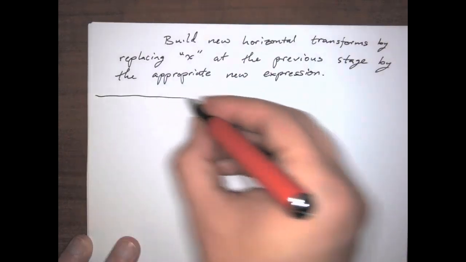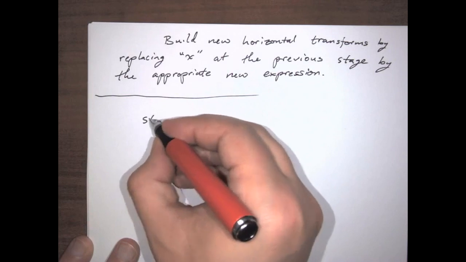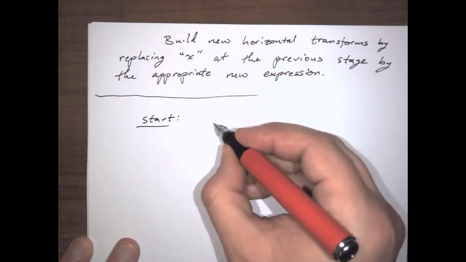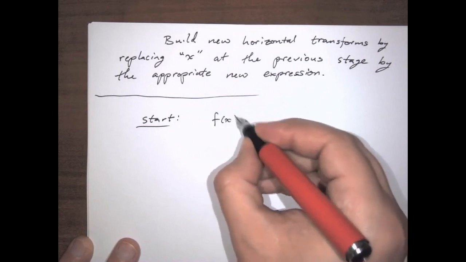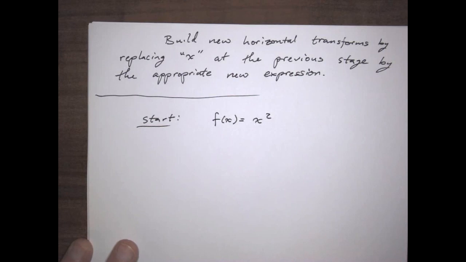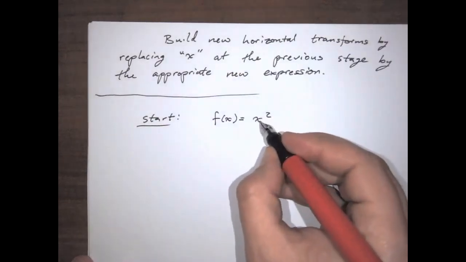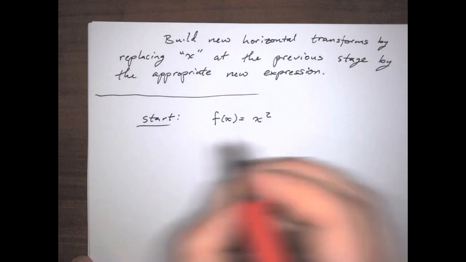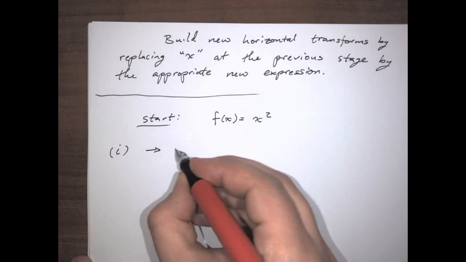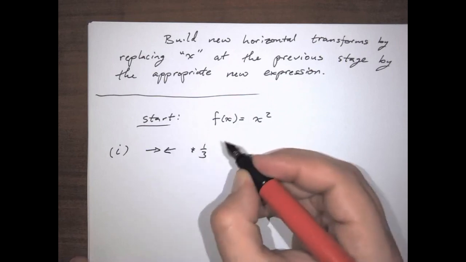So back to the example, we start with f of x equals x squared. And now we need to make a formula that is horizontally compressed by a factor of 1/3.